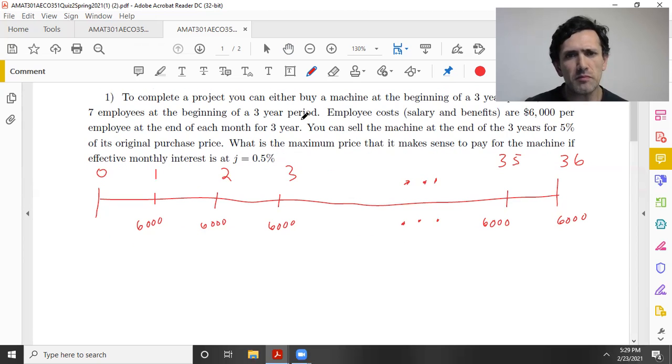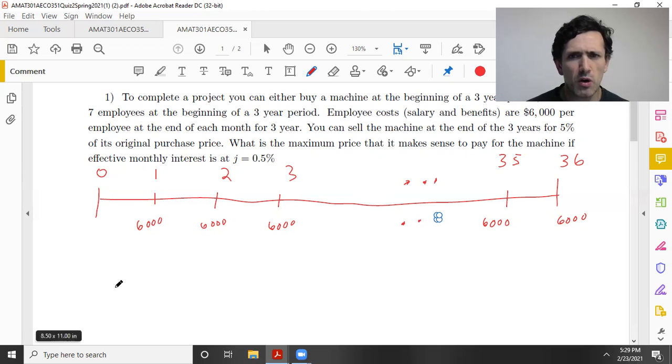For these kinds of problems, there's no single obvious date. So you definitely want to take the accumulated value or present value of everything. It's going to be a little messy if you do anything else.